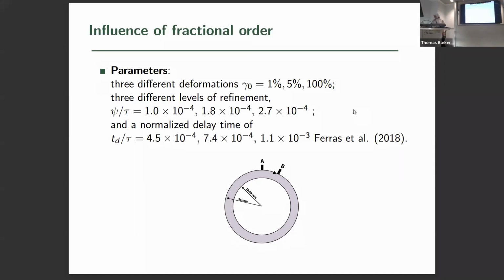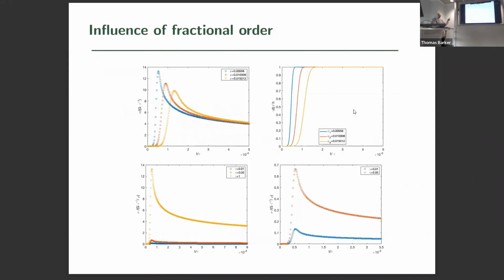During this sudden strain motion, we measure the evolution of normalized shear stress at a particular point, R bar equal to 0.25. In the first plot, we have 3 levels of refinement, and we apply deformation equal to 100%.